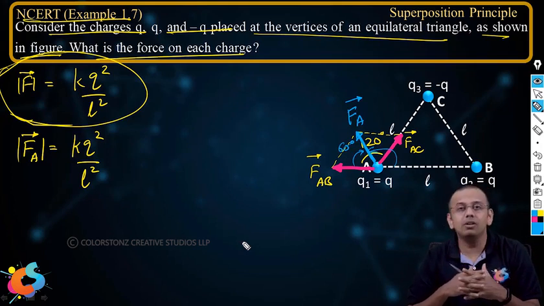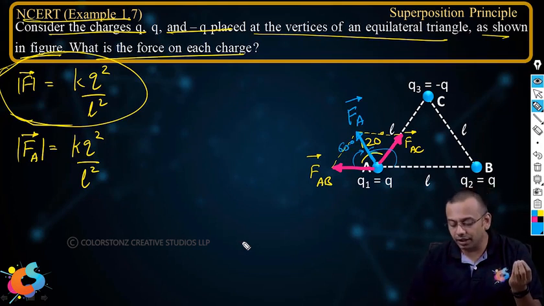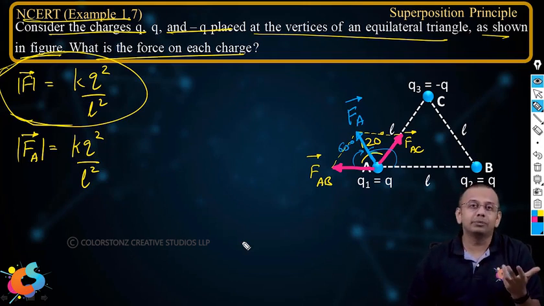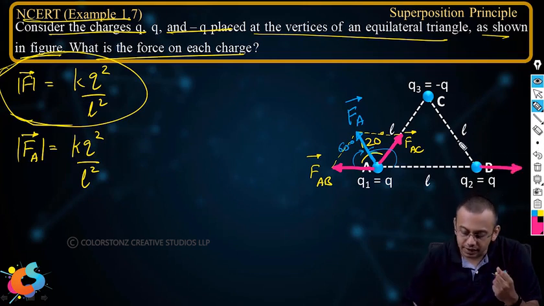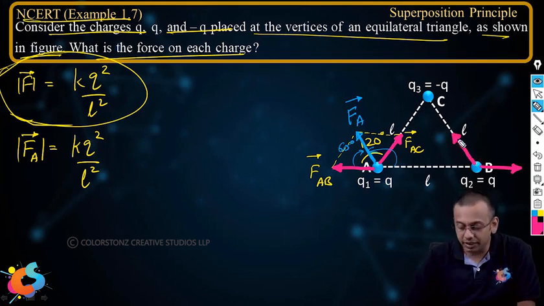Now for B also, if you see, the symmetry is similar to A. The distribution of forces is similar to A. A will apply a repulsive force on B like this, and C will apply an attractive force on B like this. The resultant force, if we want to find, then again the parallelogram law. This will be the resultant force FB.